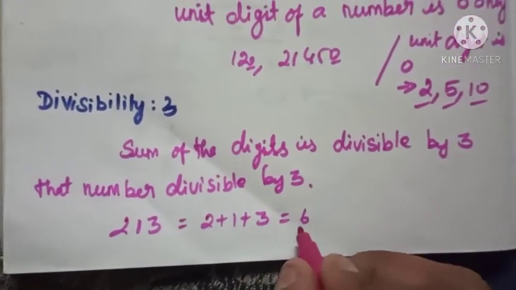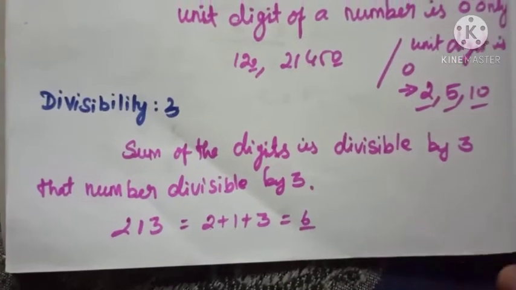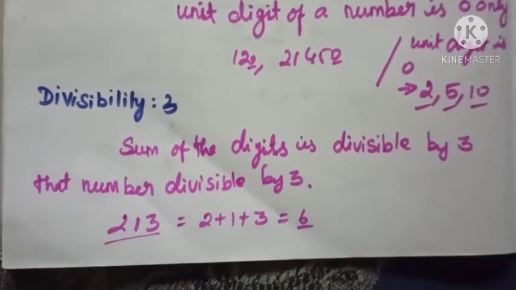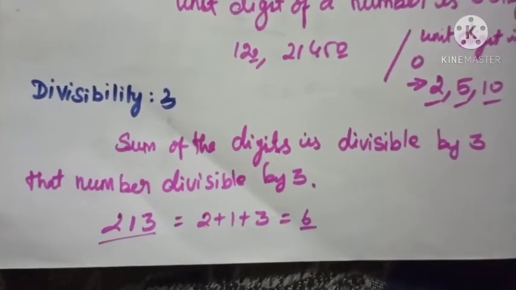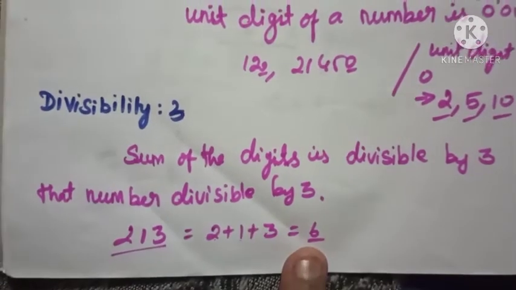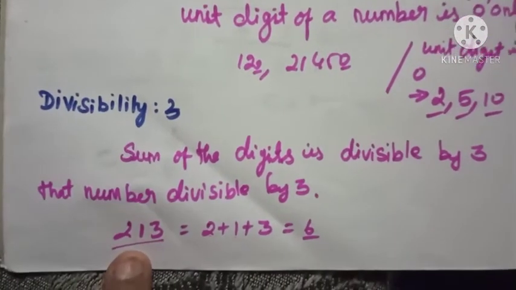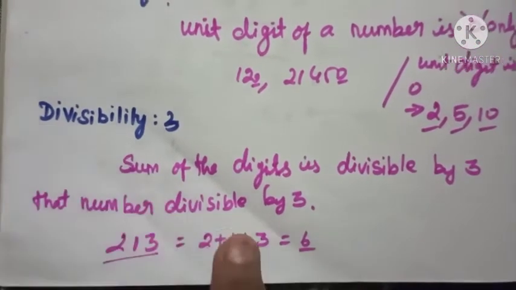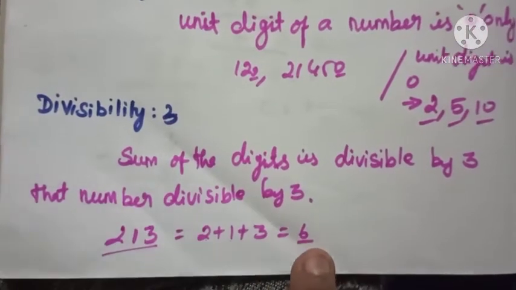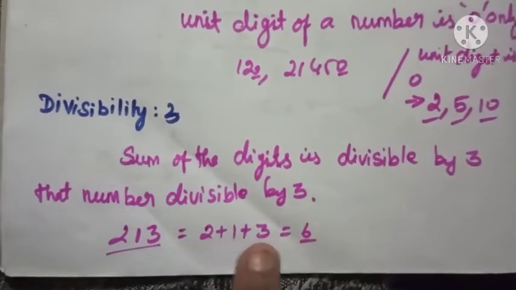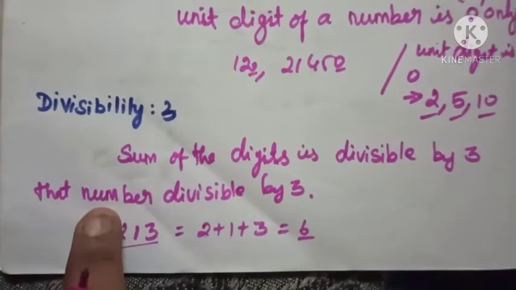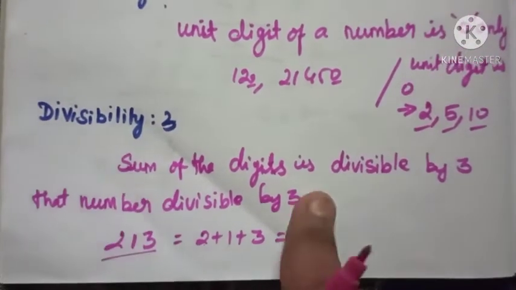Now you see 6 is divisible by 3, so 213 is divisible by 3. That's all. If you get any other number where the sum of the digits is not divisible by 3, the whole value cannot be divisible by 3.